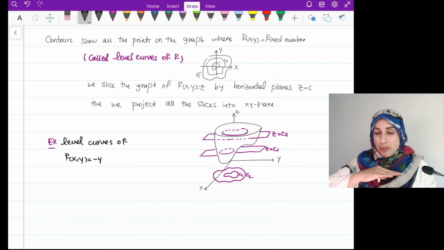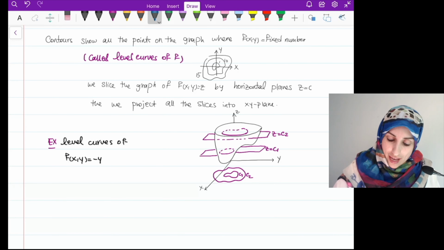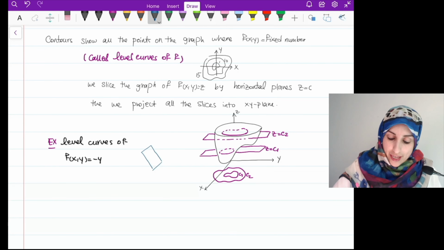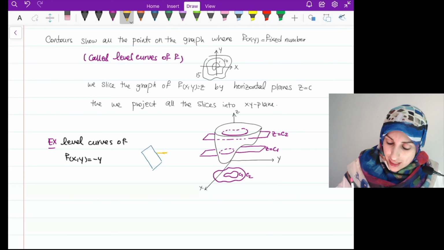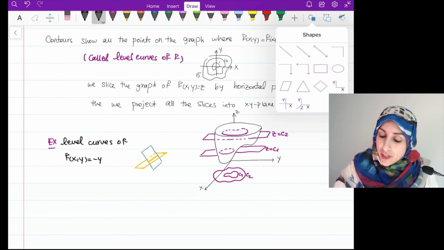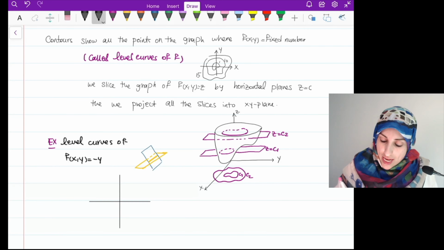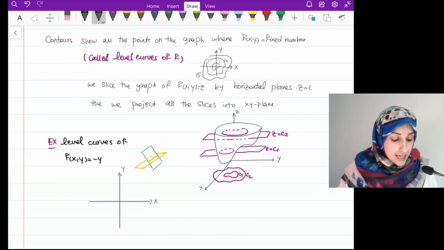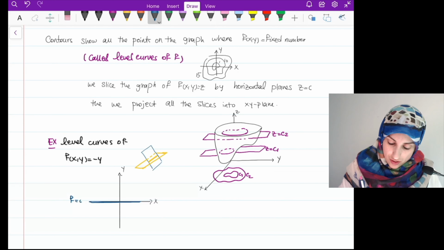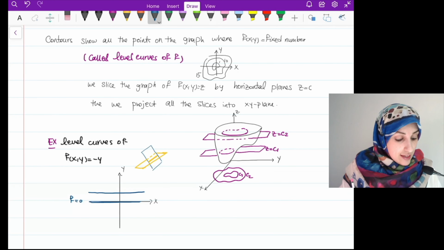When I slice the plane, so assume that I have a plane like this, and if I slice this plane by z equals something, I just get a line. So I get different lines, and then I'm going to project all these lines into the xy plane, and for example I get the line like this. Let me make it a little bold. I get this for f equals 0. I get this line in here.